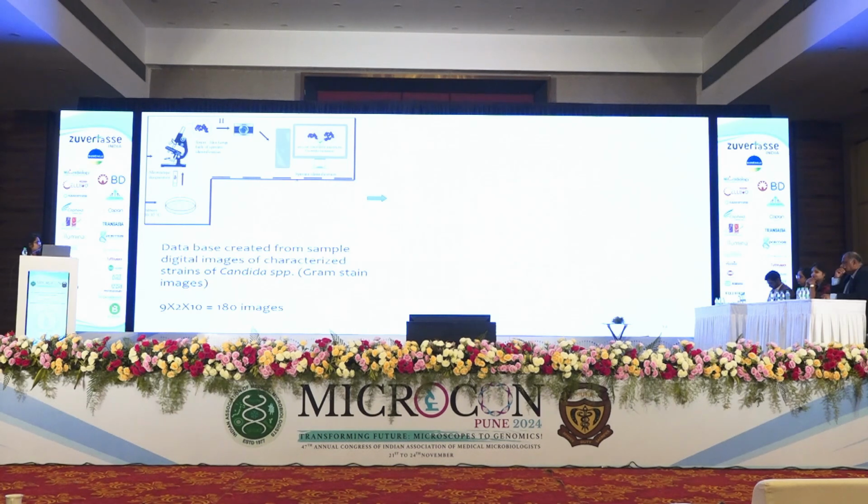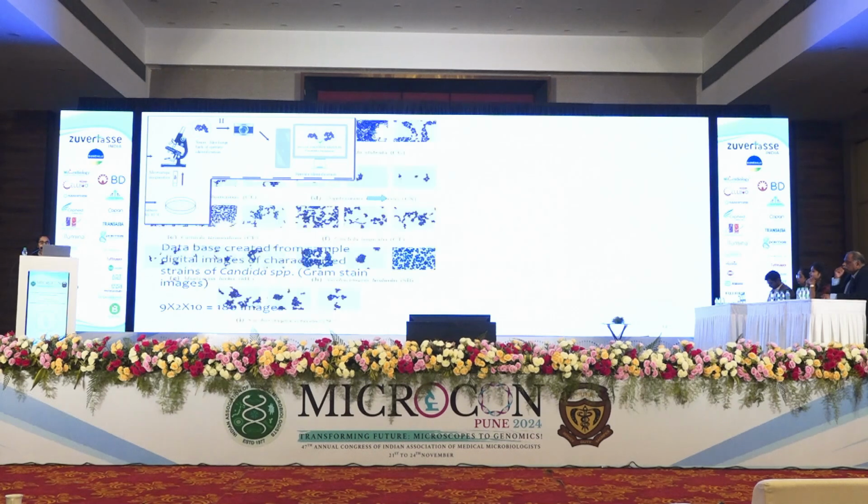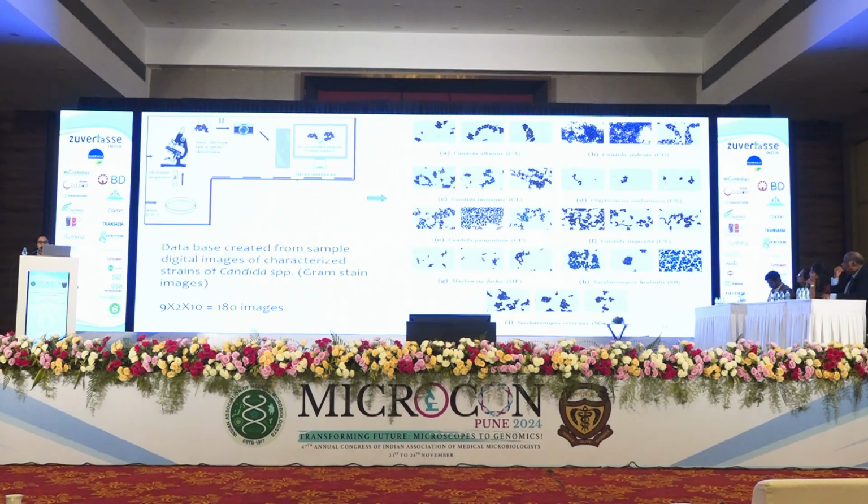But this study group created a database from the gram-stain specimens of 9 strains that they had. They took multiple images. Now it's not okay to just put in one image of a slide and then train this software to say that this is Candida albicans. So what they did is this. The 9 strains, in 2 preparations, with 10 replicate images each, were fed in.